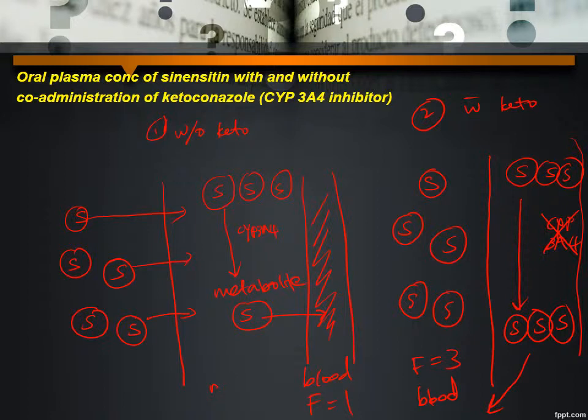So we know that sinecytin is actually a substrate for CYP3A4 when we investigate the bioavailability, the absorption of sinecytin without ketoconazole and with ketoconazole. So hope this is clearer for you now.